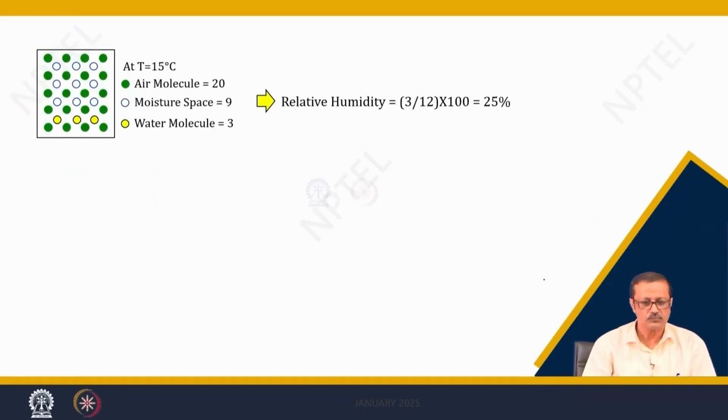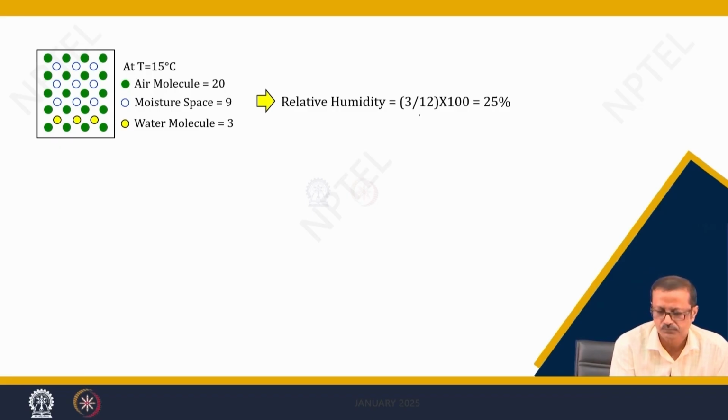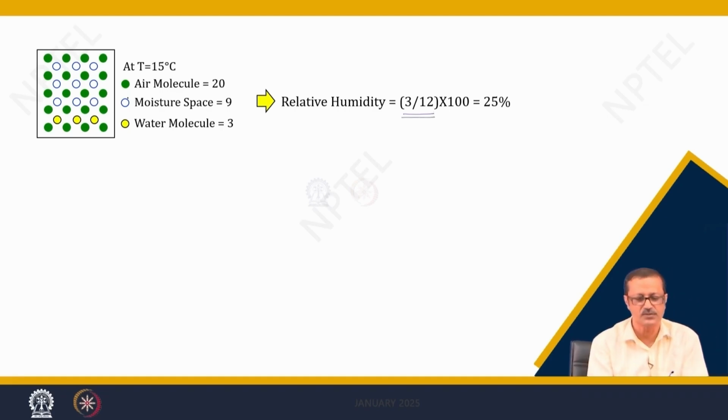Here you see the same 3-phase diagram where 3 of the spaces are filled with water. So the relative humidity is 3 by 12, because there are 12 spaces, out of which 3 are filled.